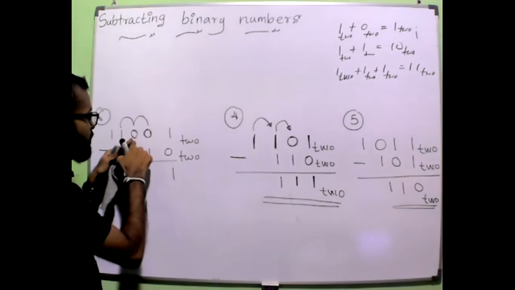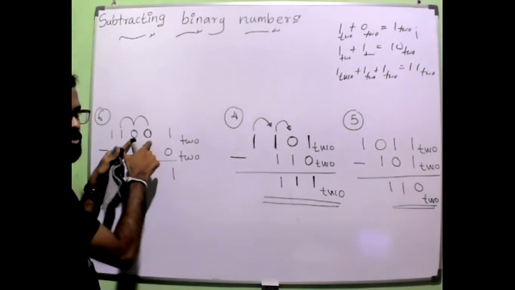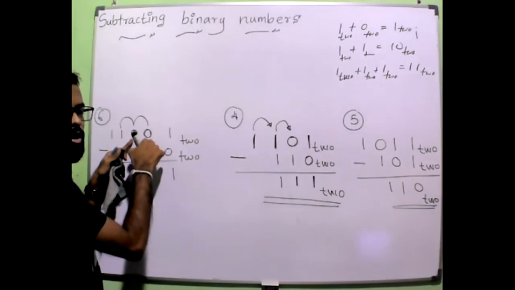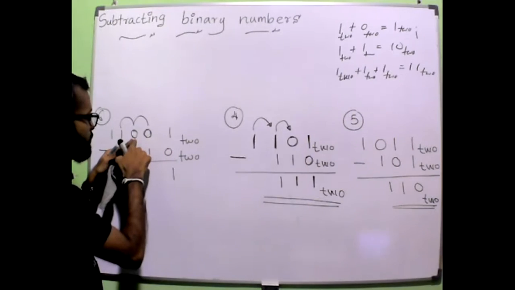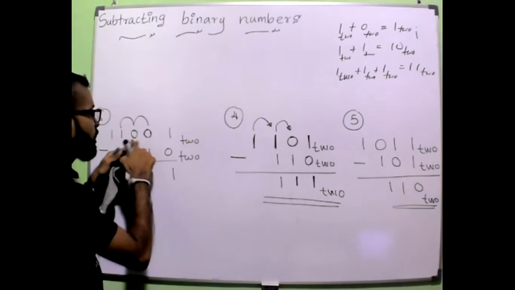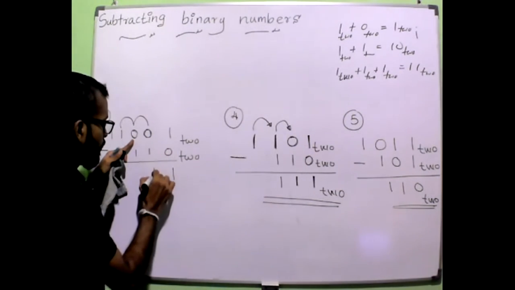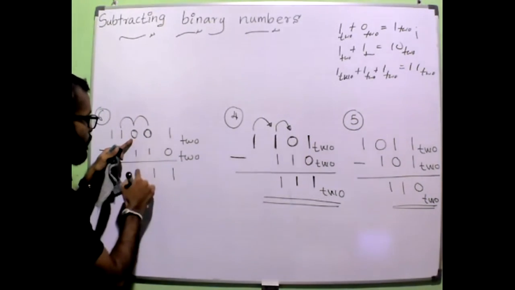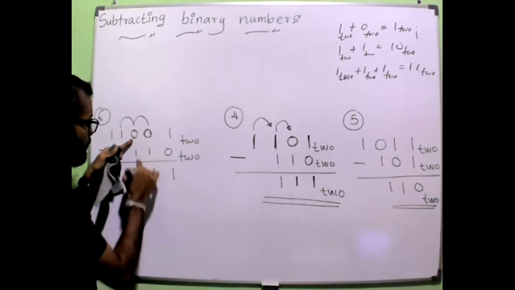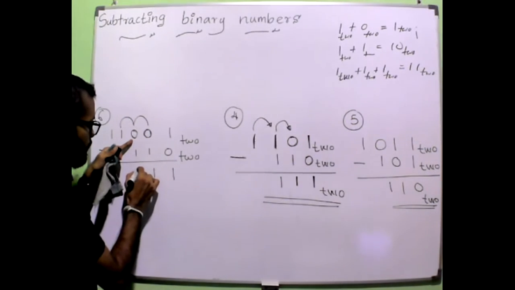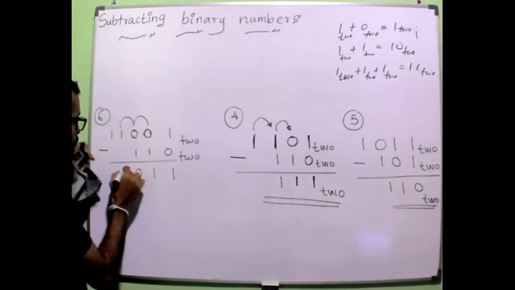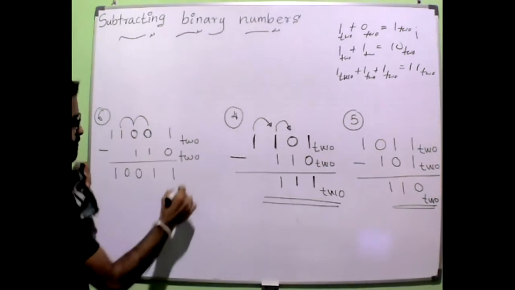And when I am leaving it to this place, it becomes again 2. This place will be 1. So 2 minus 1, 1. Then here I had 1 previously. 1 minus 1, 0. Then here again 0. Then here again 1.